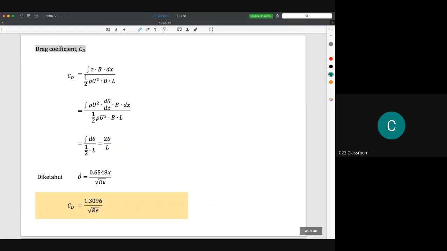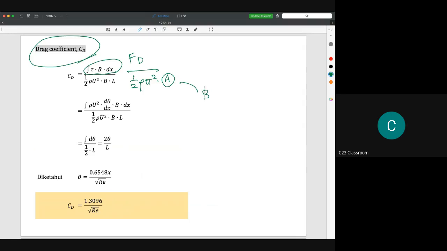And then we could calculate the drag coefficient. This is a little bit of simplification for the calculation. We know that the drag force F_D has these terms from the equation: one half rho U square A, and this area is actually B times L. I already explained about this.